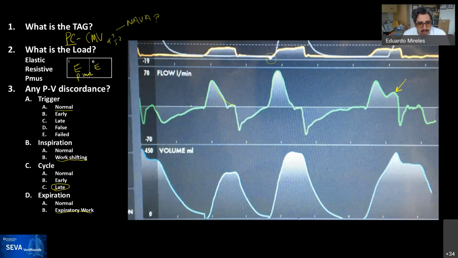Now comes the trigger, and the trigger is the tricky one here. So you just have one breath that seems to have been triggered by, and this is not the best waveform ever, and you're like, Eduardo, I hate you, and so that's okay.